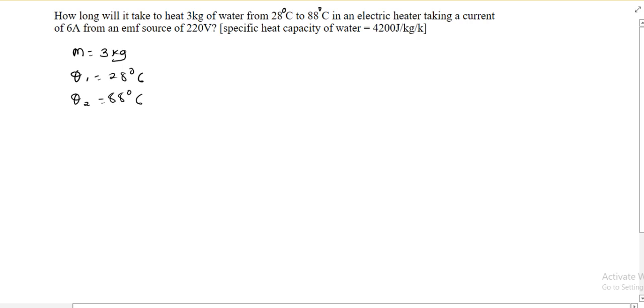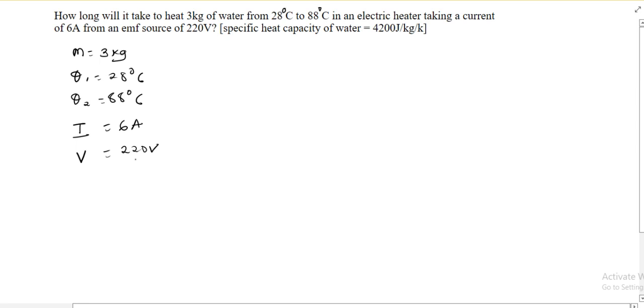The water is in an electric heater, and the electric heater is taking a current of 6 ampere from an EMF source of 220 volts. So the voltage is 220 volts.